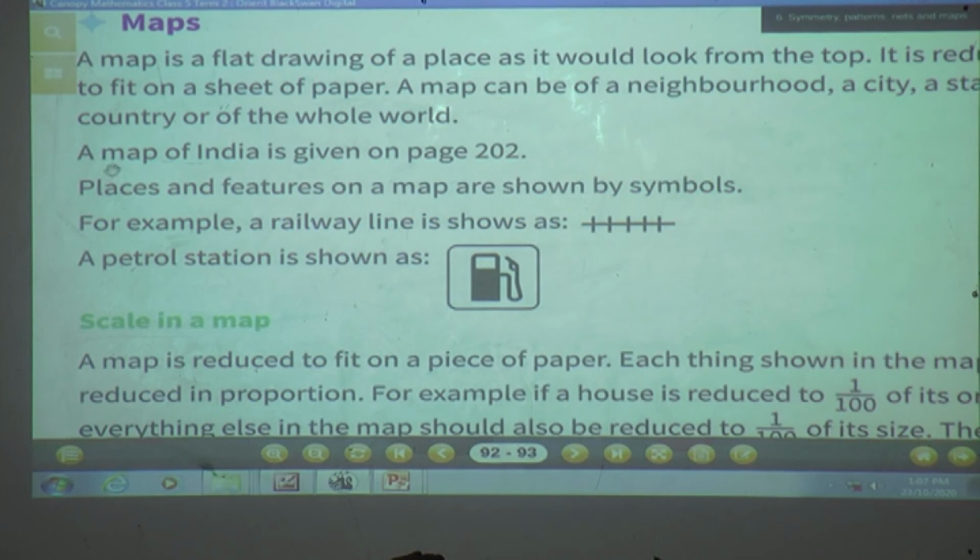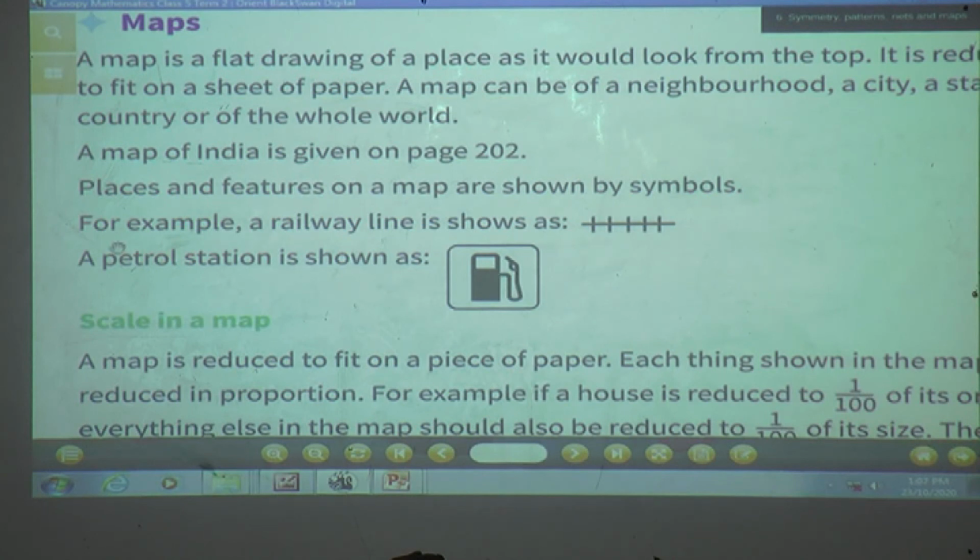A map of India is given on page number 202. You can open page 202 and see the map. Places and features on a map are shown by symbols.